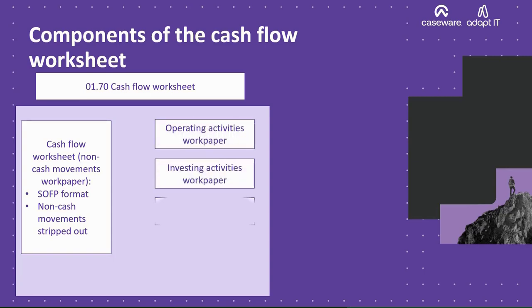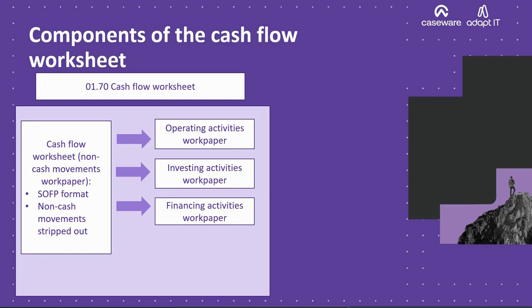This section is followed by the operating, investing, and financing activities workpapers respectively. The output of the first part of the worksheet, being the pure cash flow movements per line item, is pulled through to these workpapers. It is here that the cash flow movements are properly allocated to the type of cash flow. So for example, the full cash movement on property, plant and equipment is calculated in the non-cash movements workpaper.